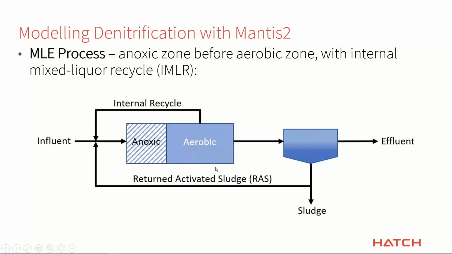So there are a few things that are process choices that you would be making if you were designing a system like this: what is the relative size of this tank, what is the anoxic zone fraction of that, and how much should this internal recycle be with respect to the amount of flow coming in, and then the usual activated sludge questions you need to ask, such as what is my RAS flow and how much am I wasting and what SRT and mixed liquor do I want to run.